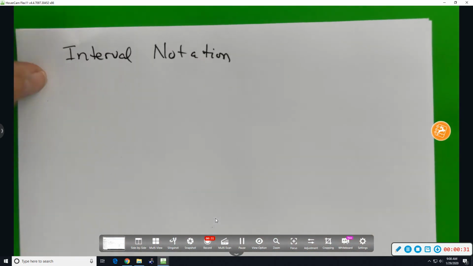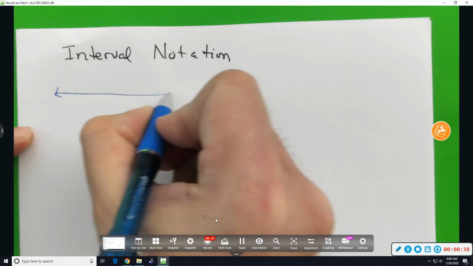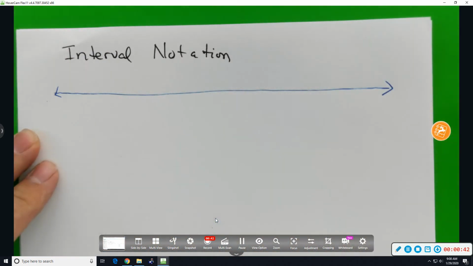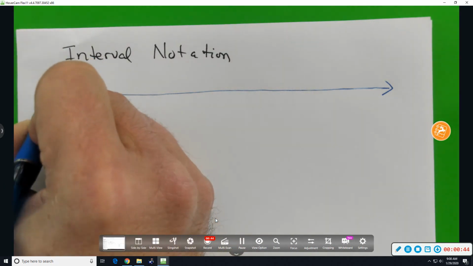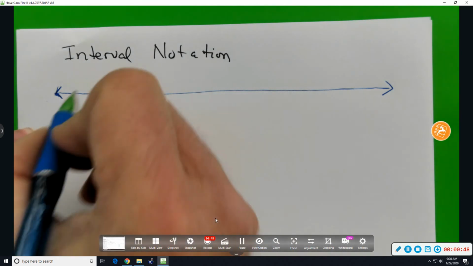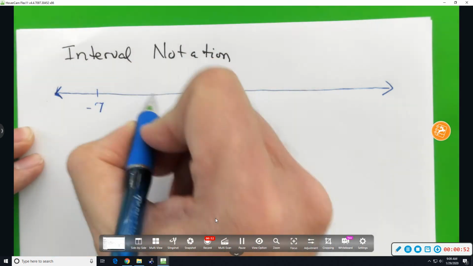Now, I'm going to draw a number line. I'm just drawing a number line, and I'm going to label numbers on this number line. Remember, on the left-hand side of the number line, that's where you have the negative numbers. So let's see, how about this one? -7.